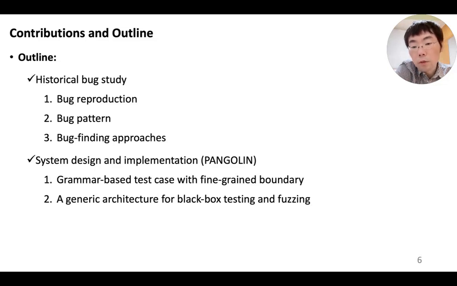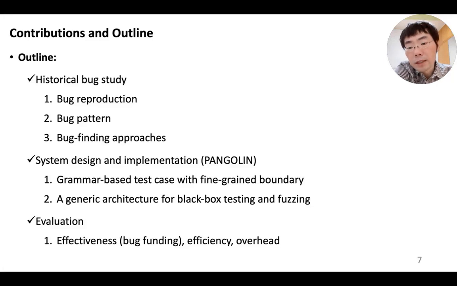It also has a grammar-based test case generator with fine-grained boundaries. Finally, I will talk about the evaluation covering the effectiveness, efficiency, and overhead of finding bugs using Pangolin.